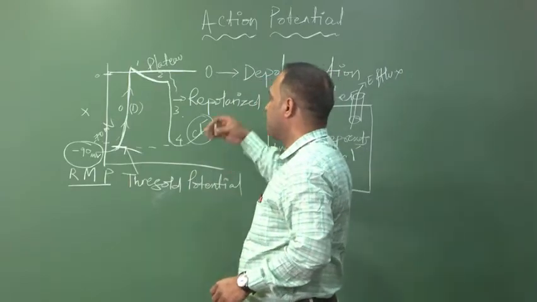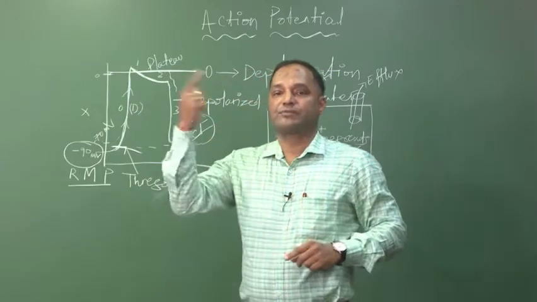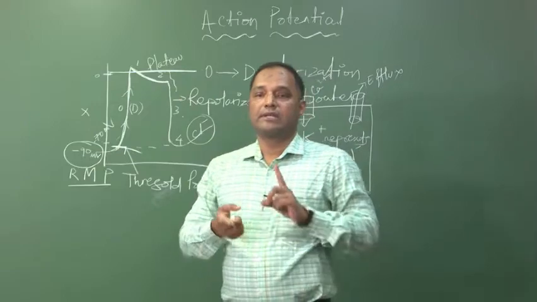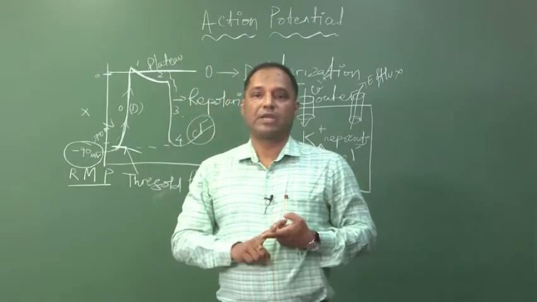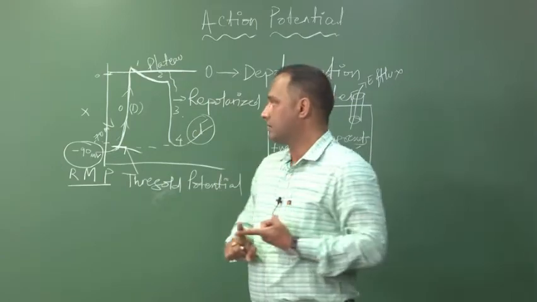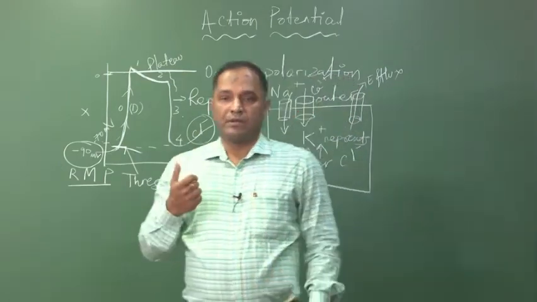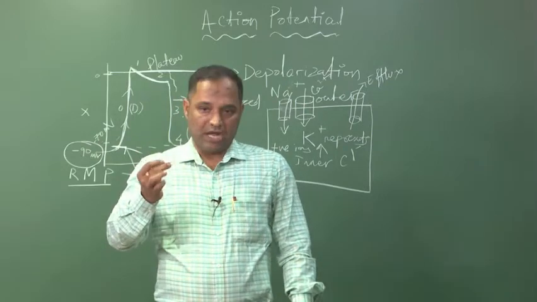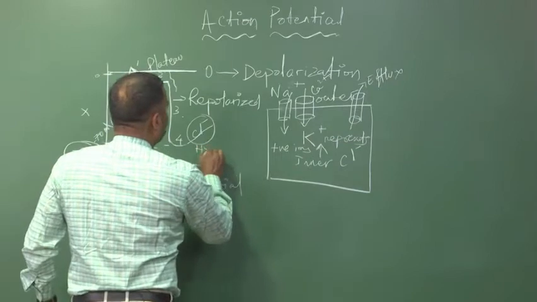Thereafter, repolarization starts, where the potassium continues to efflux, and the calcium and chloride start their role. They represent the fourth phase, which is hyperpolarization.